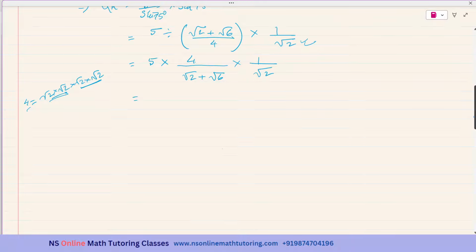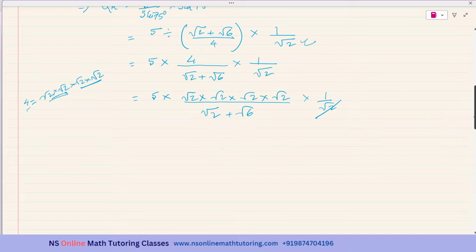Okay, so I can basically write this as root 2 times root 2 times root 2 times root 2 over root 2 plus root 6 times 1 over root 2.